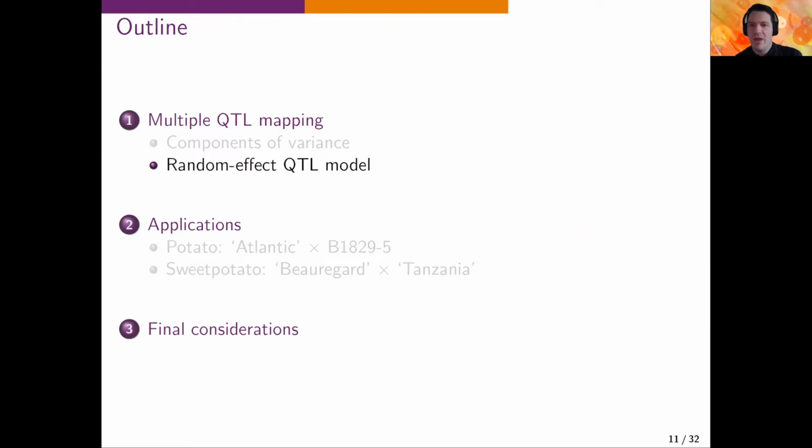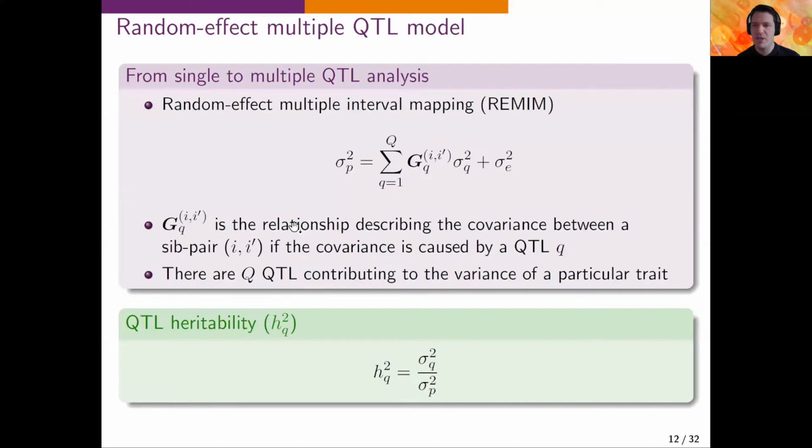Now, one way of looking for not only a single, but multiple QTL, so Peter just showed us one way of doing it, and that's using a fixed effect model, right? So we are modeling the effects of a QTL as fixed effects. But another way of doing it is by searching for positions where there is a significant contribution to the total phenotypic variance.